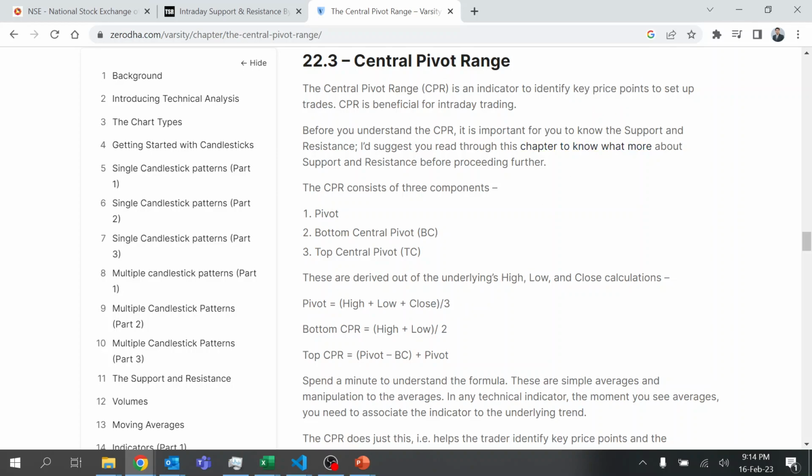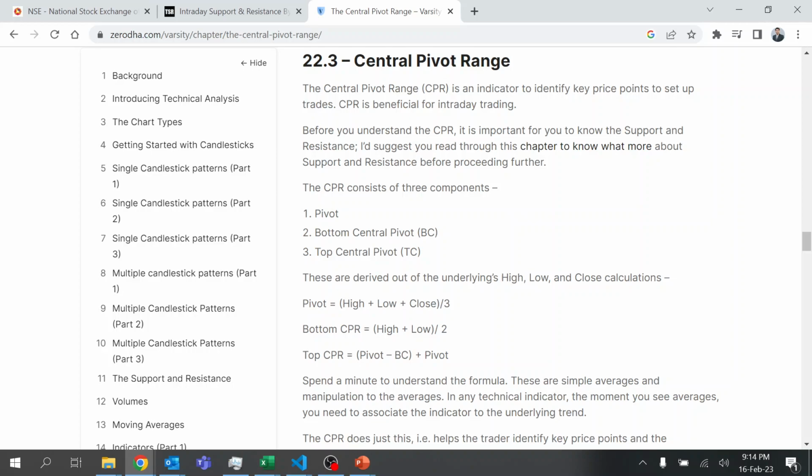So far, if you are clear, this is all the basics you need to understand about what the Central Pivot Range CPR indicator does. Next, I'm going to show you the depths of how CPR actually works so that you can make informed decisions.